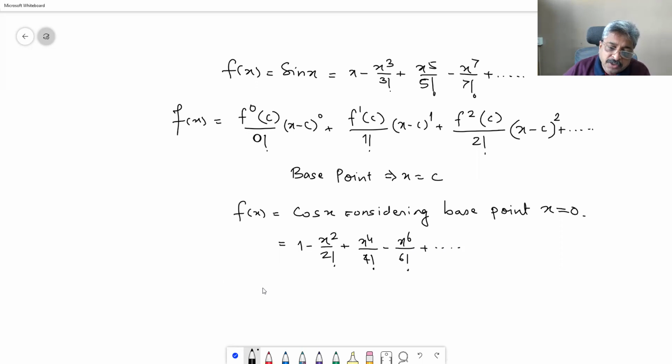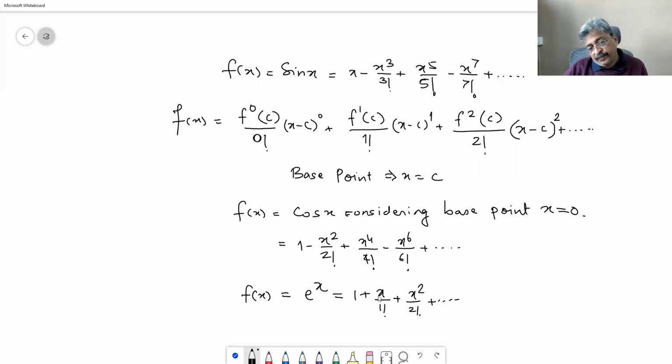The next easy function whose series expansion you should find is e raised to x, because derivatives are easy. So e raised to x looks like 1 plus x upon 1 factorial plus x square upon 2 factorial plus something like this.